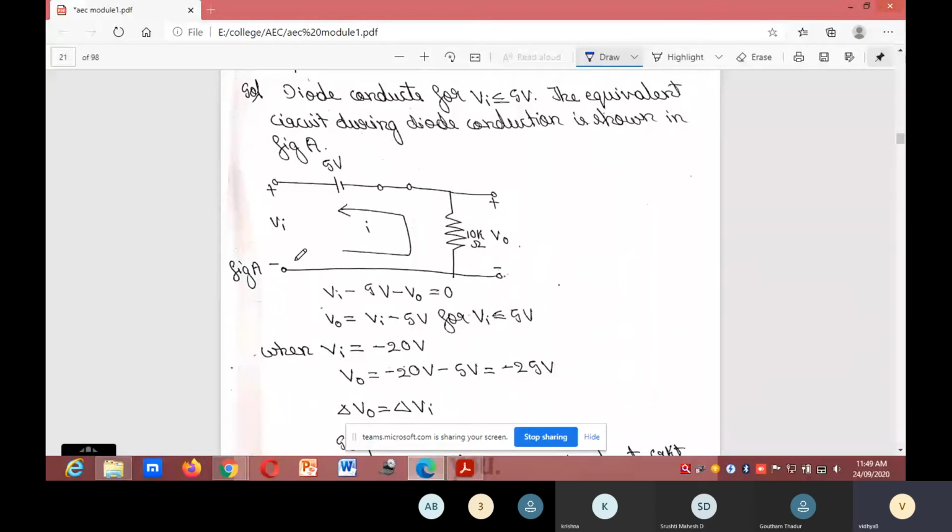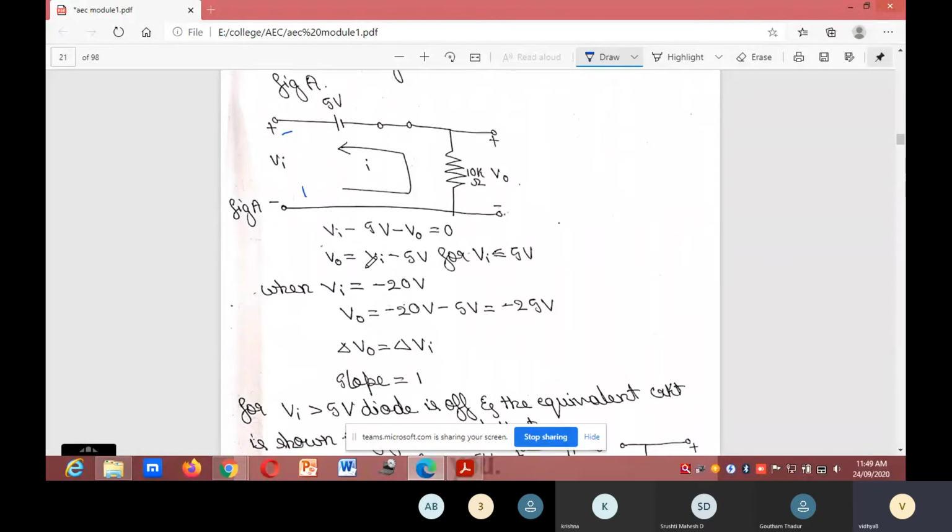We are taking the negative off cycle, so here positive and here negative. Vi minus 5 volt minus V naught is equal to 0. V naught is equal to Vi minus 5 volt for Vi less than 5 volt.